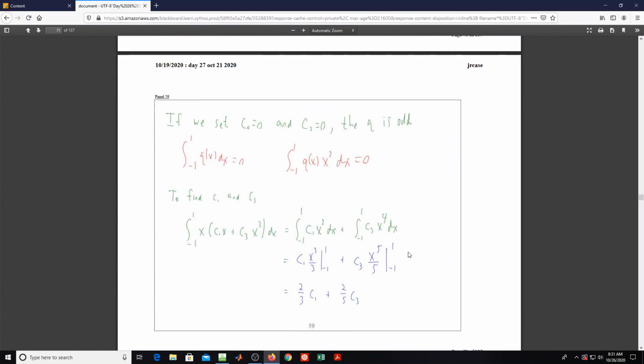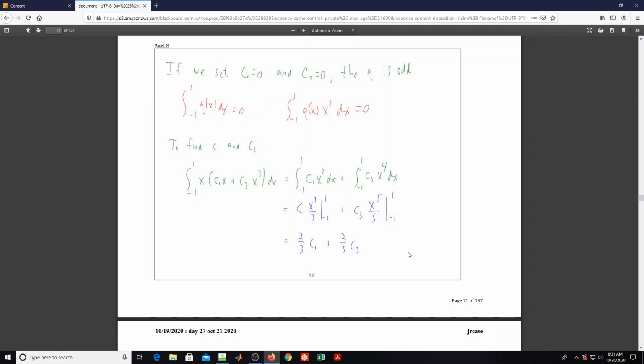Okay, here we go. So what we're going to do is set C0 and C2 equal to 0, then Q is odd. So now we're down to C1 x plus C3 x cubed.